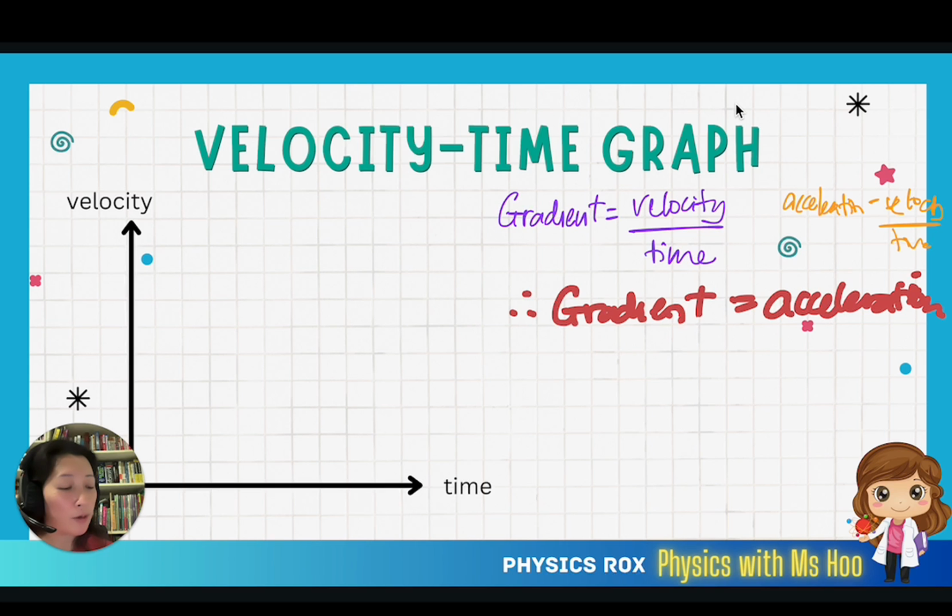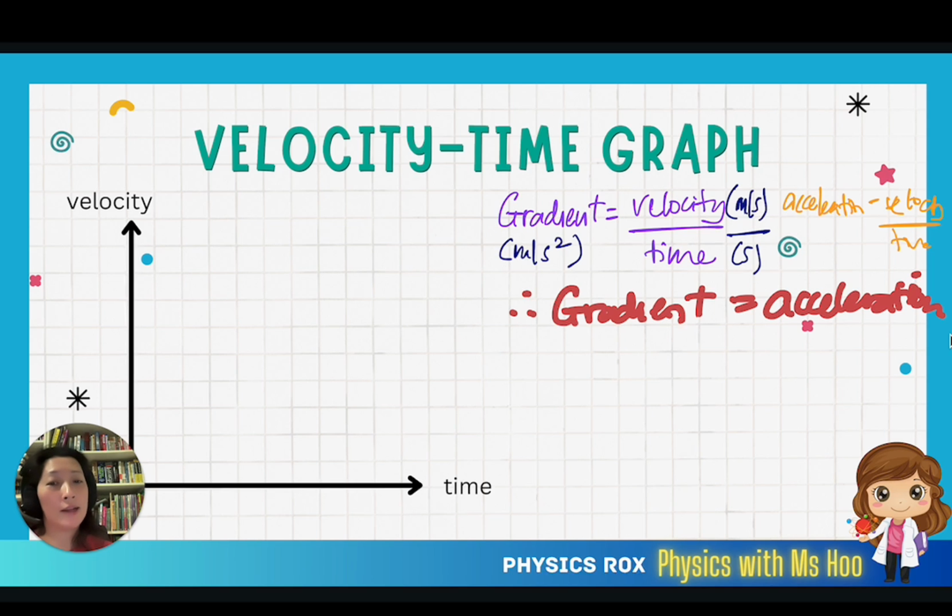Again, anytime you just want to double check that you have got this correct, you can check the units. Velocity is meters per second, same unit as speed. Time is second. Meters per second divided by second gives us meters per second squared, which is the unit for acceleration. So remember that anything the gradient shows us, that's what the acceleration is, whether by value or whether it's constant, increasing, decreasing, positive or negative.